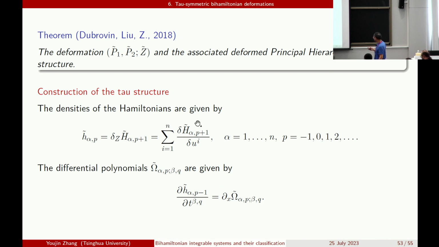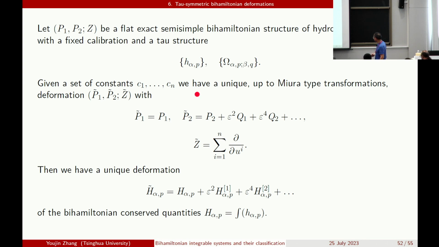Because of this deformation of the Hamiltonians, we have some ambiguities. You do not know the choice of the representative of the density, the h_{alpha,p}. But anyway, you can pick any deformations of the Hamiltonians.